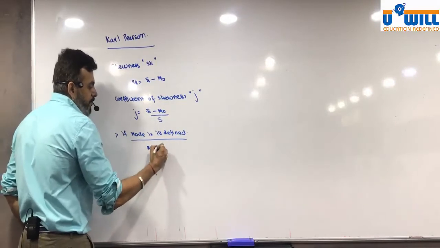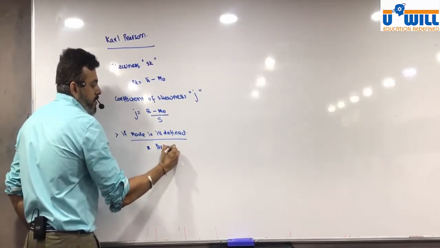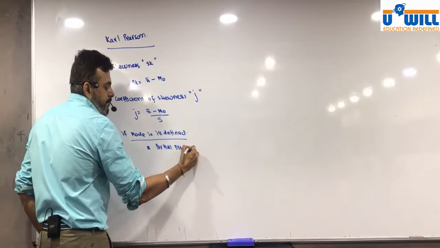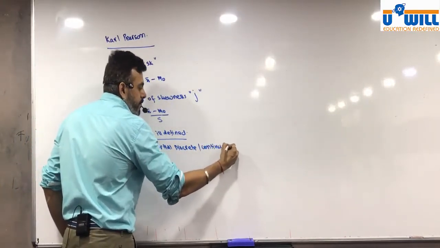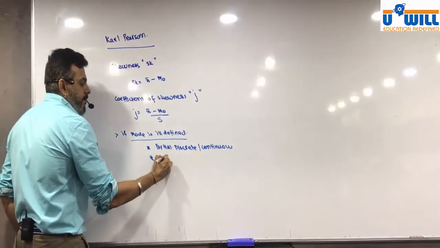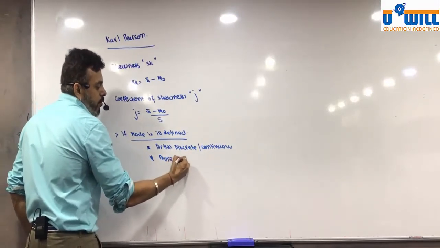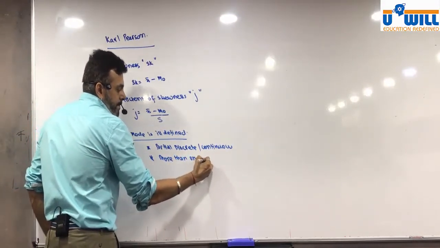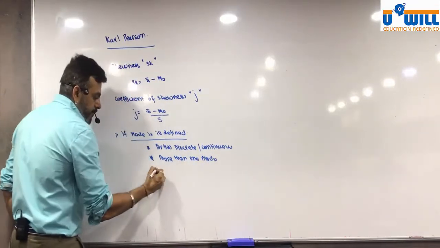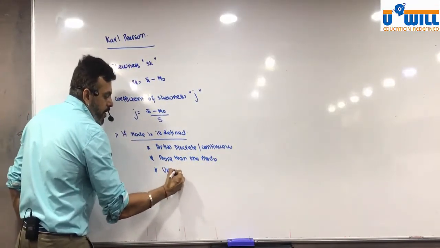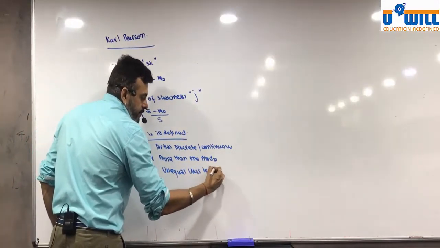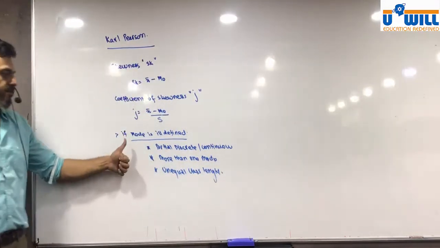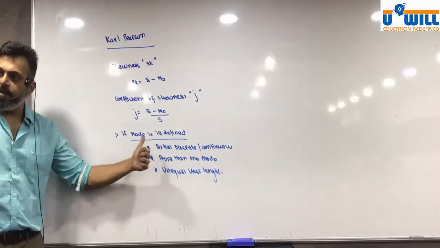I'll write over here: partial discrete and continuous, then more than one mode, and very important, unequal class length. In these three cases, we say mode is ill-defined.